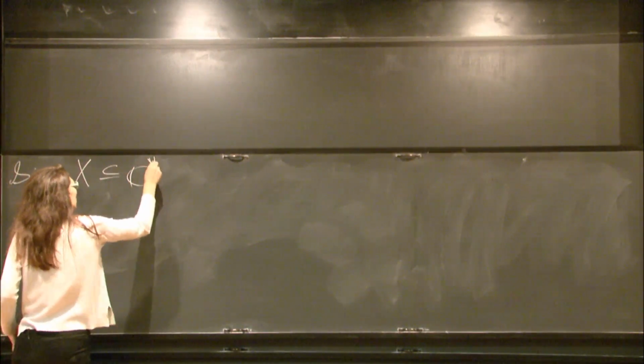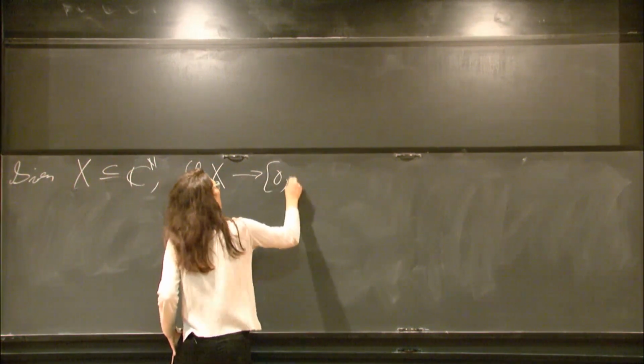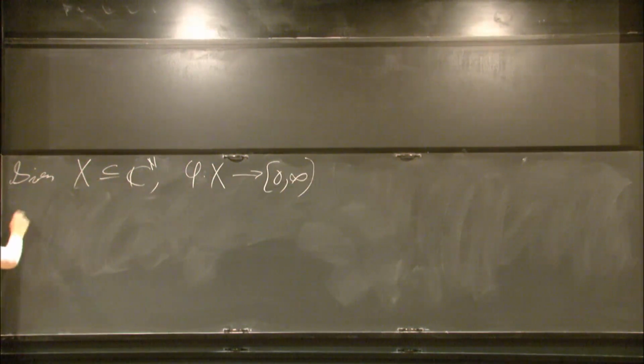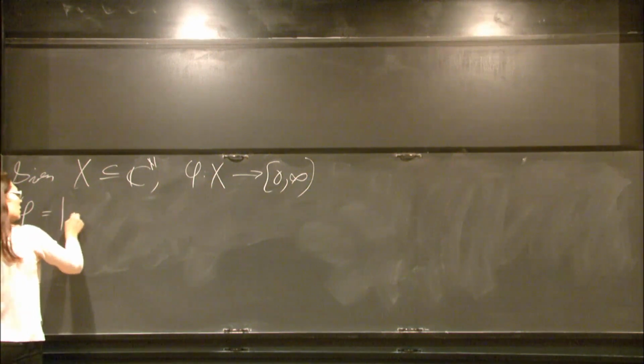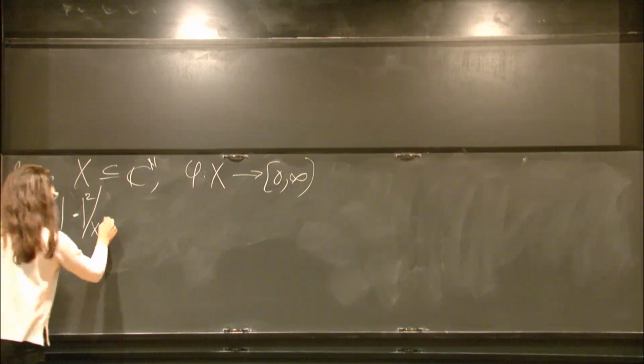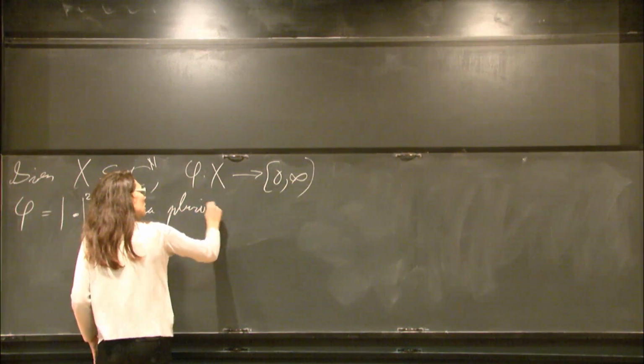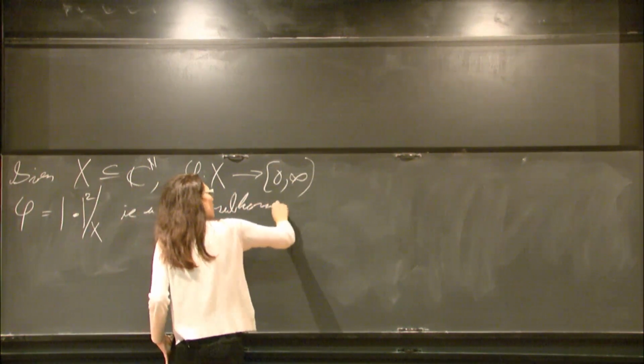Okay, so if we're given this X in Cn, then I can think about the function, let me call phi, which maps to the positive numbers, which is just phi equals norm square restricted to X. And so this is a plurisubharmonic function.